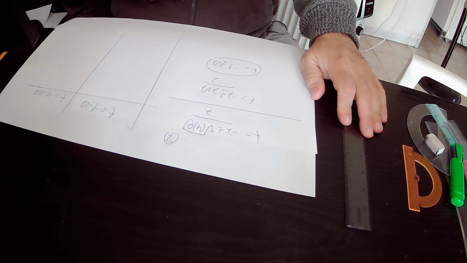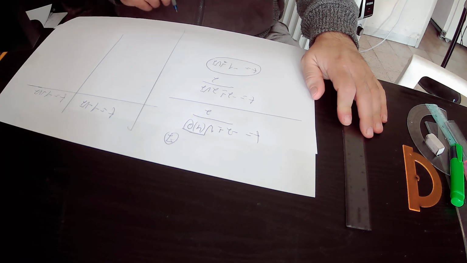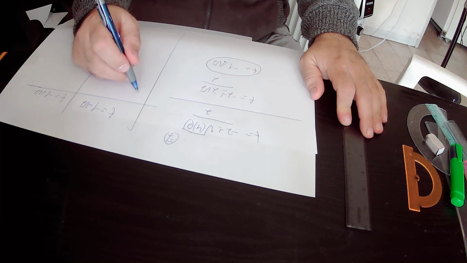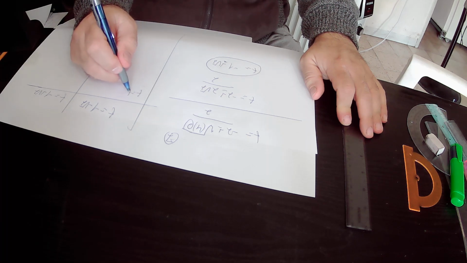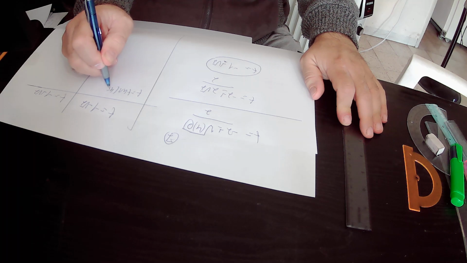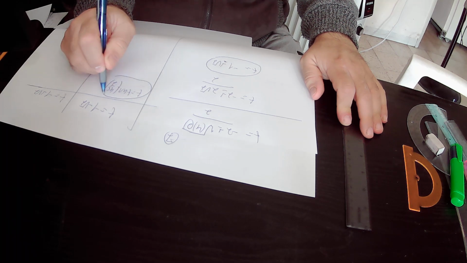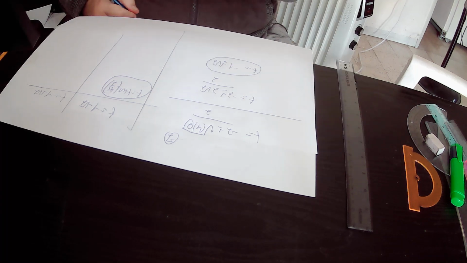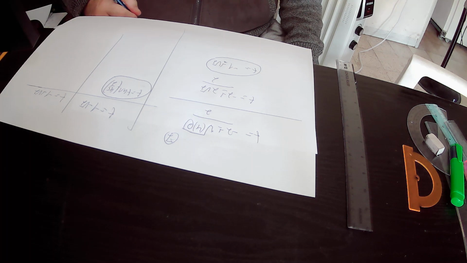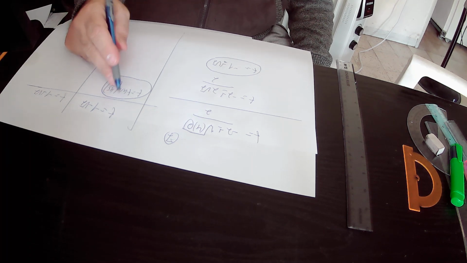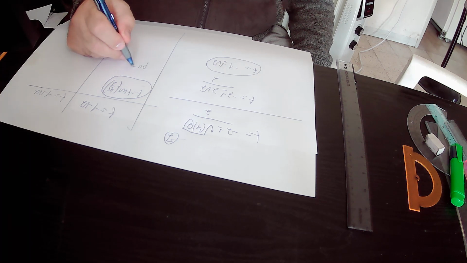According to our definition, t equals tangent 45 degrees over 2. But because tangent 45 degrees over 2 is a positive number, here t is a positive number.